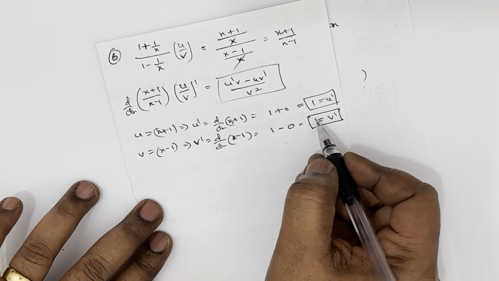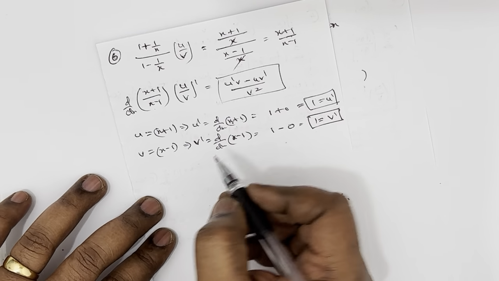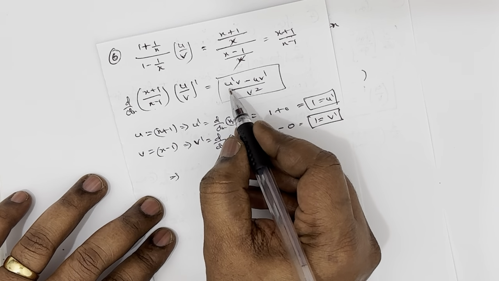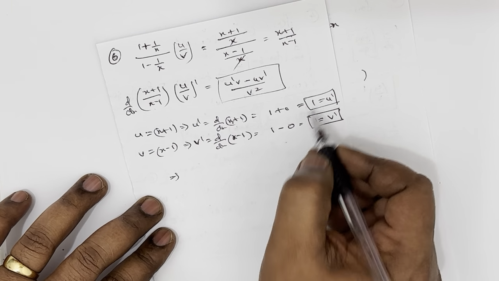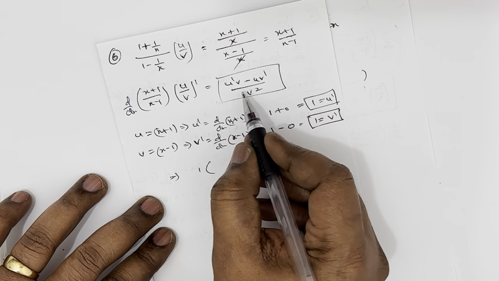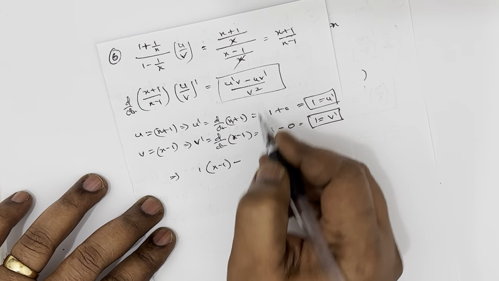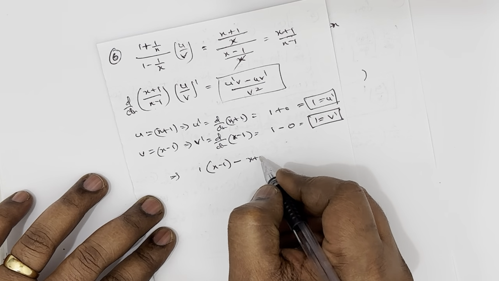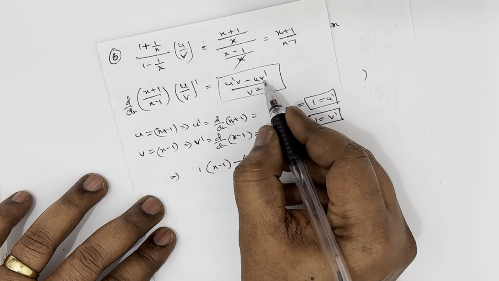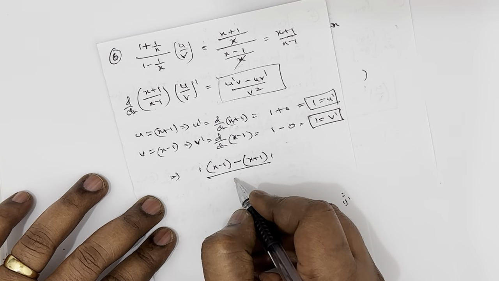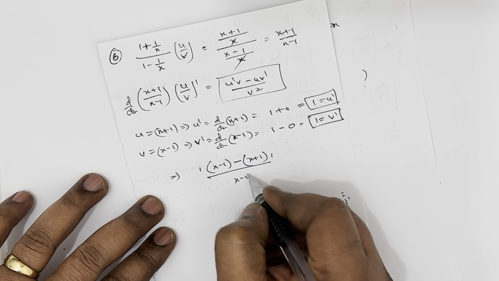Okay, now let's put these values in the formula. So u dash is 1 multiplied by v, which is x minus 1, minus u, which is x plus 1, and v dash is 1, upon v square, x minus 1 whole square.